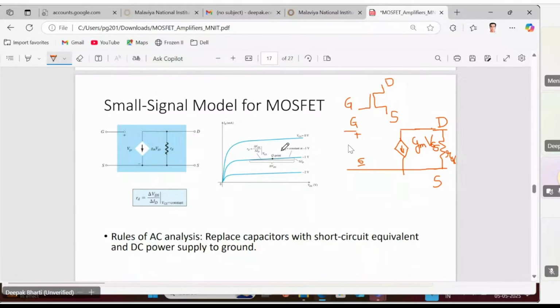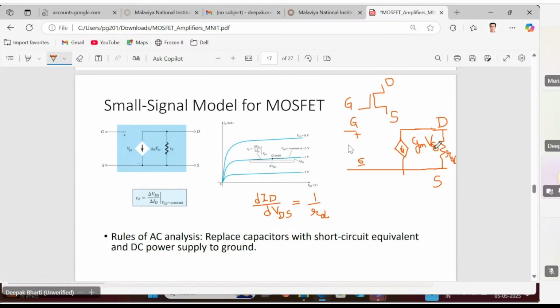What is RD? To get the value of RD, we have to go to the output characteristics of this MOSFET. So if we take the slope of these output characteristics, that is dID by dVDS, it defines the slope, and the slope is the inverse of this output resistance of the amplifier.